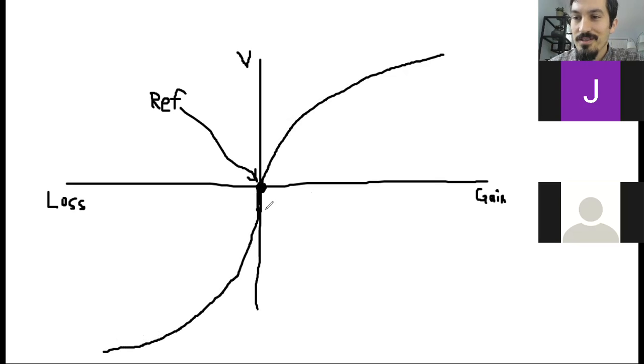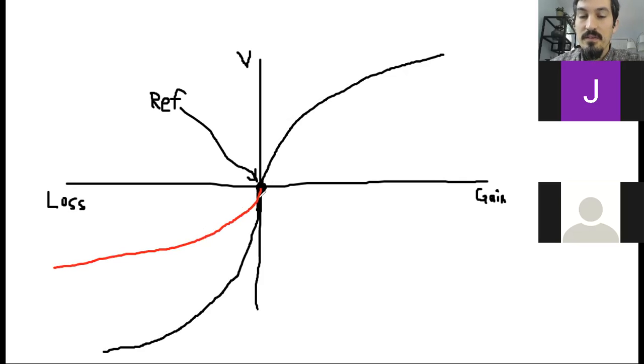By the way, that was an answer on the quiz we had last time. A lot of people may have said something like loss aversion is because of the convexity of the value function. That's just not true. Here, let me draw in red. Here's a function which is convex, but there's no loss aversion there. Think about it.